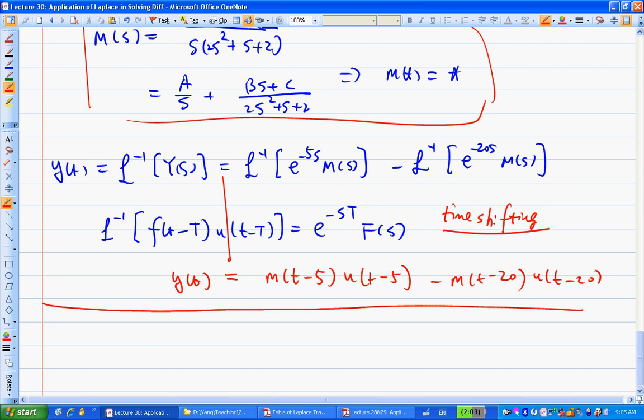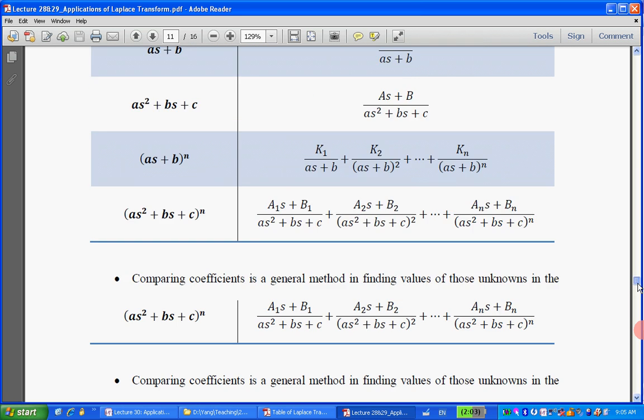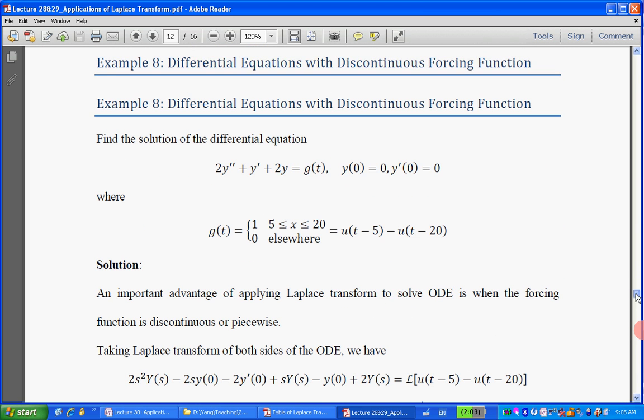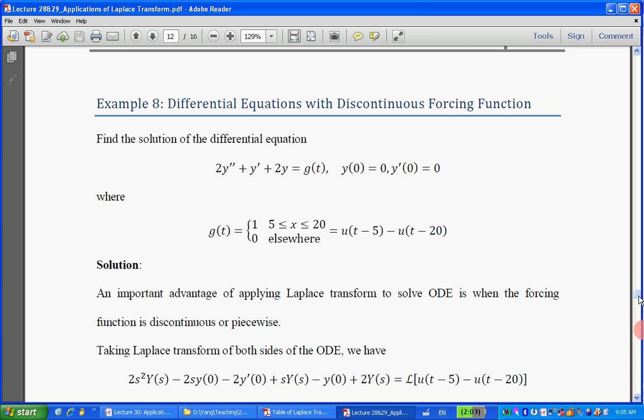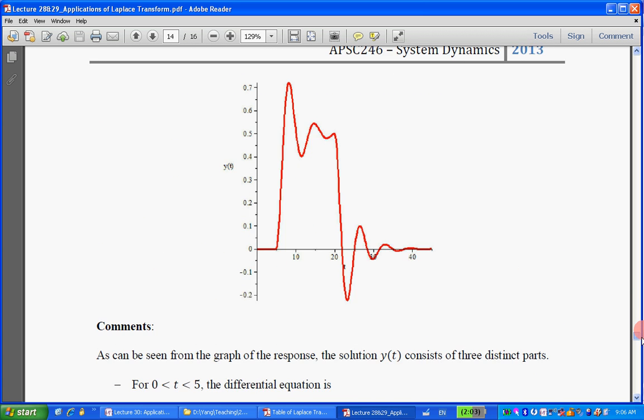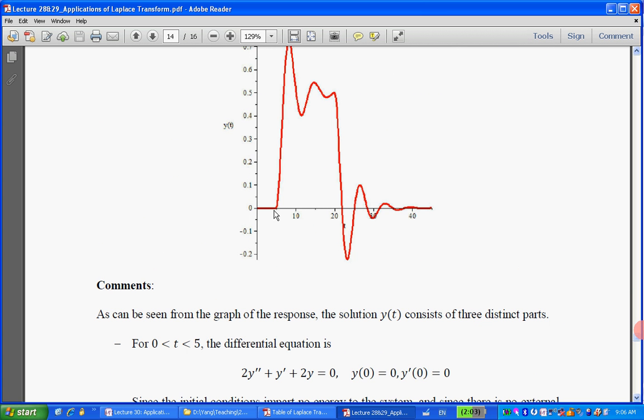Okay, so here's a drawing of this system that we just did. As you can see, because initial conditions are 0, when t is less than 5, there's no initial condition, so the system just basically isn't moving.